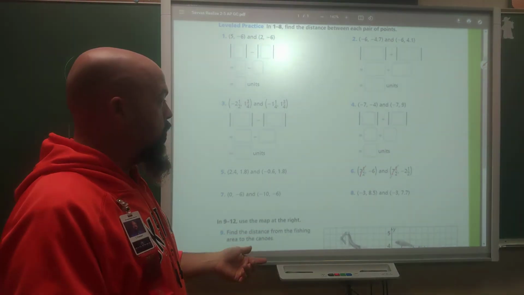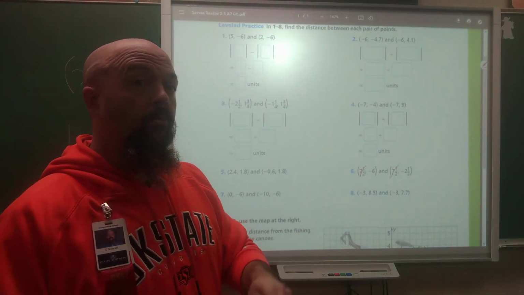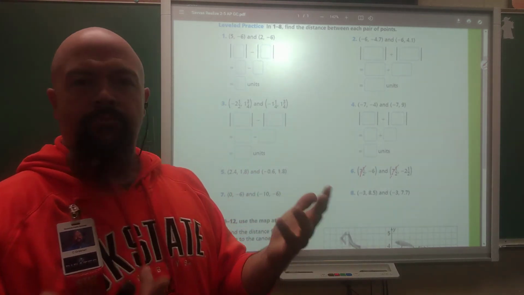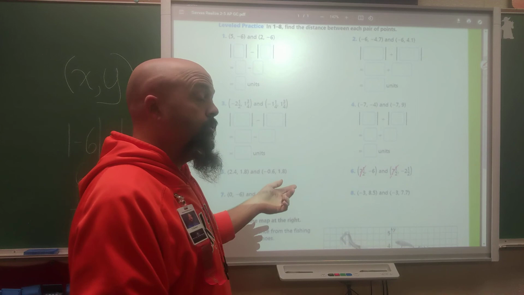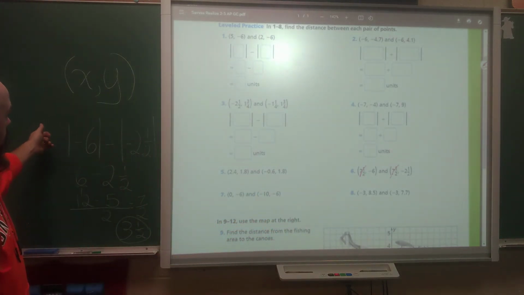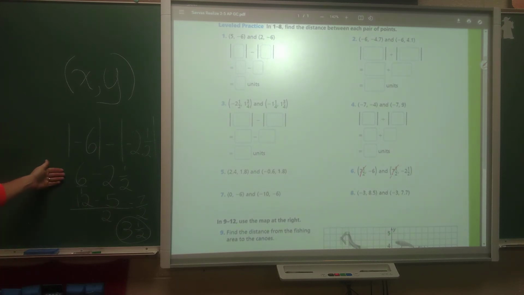If you want to show me your work through the digital process, add text to the page, do that, whatever. But I want to make sure you're understanding what you're doing to get your answers. Again, absolute value of the different values. This one had a fraction, so we had to do some converting. Once we got there, we converted it back, and we got our distance, 3.5.